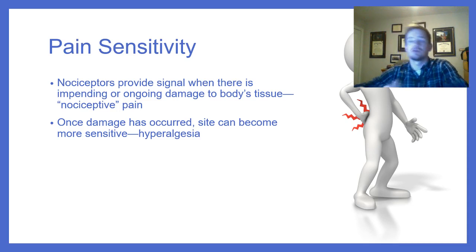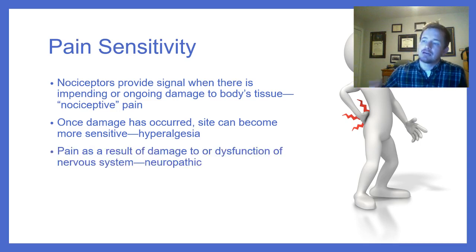And so, again, thinking about your big toe, you stub it and it feels very sensitive. That's because basically your body is telling you, be careful with this particular set of tissue. It's vulnerable right now. But we also have a kind of pain that doesn't really have an external component to it. And that's called neuropathic pain.